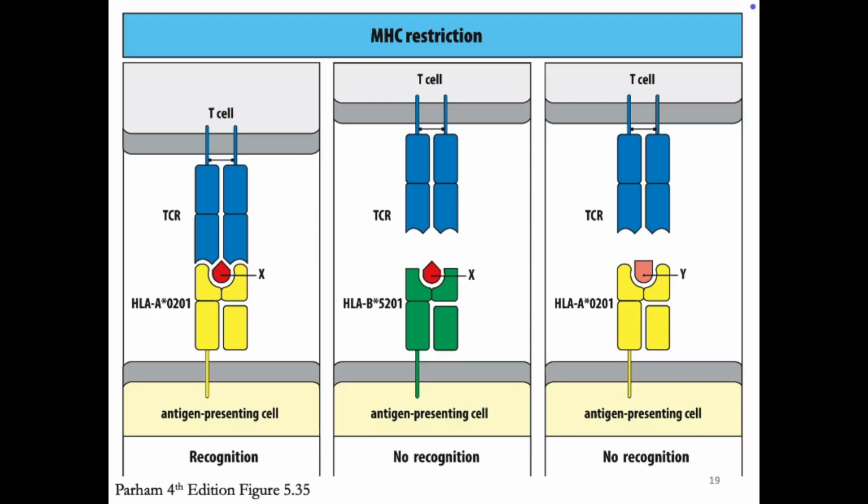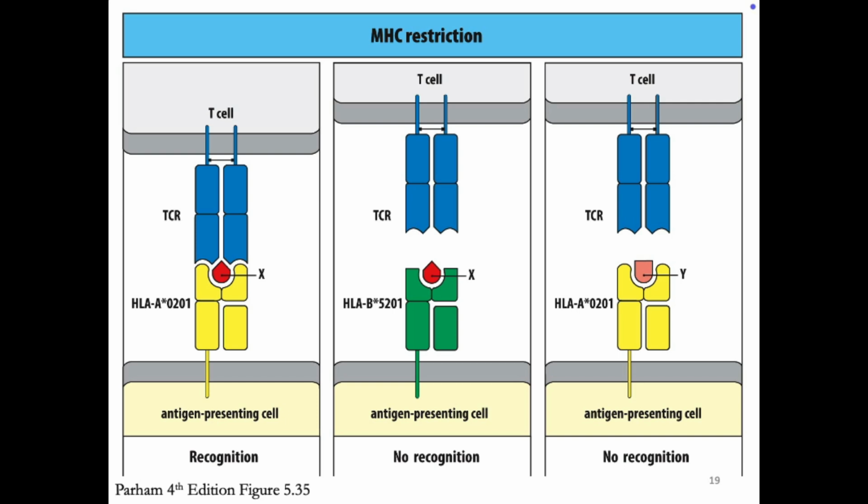And so we talked about MHC restriction, if you recall. We talked about this idea of how T cells recognize something to respond against. And we talked about the fact that T cells are actually recognizing this combo of MHC plus peptide.